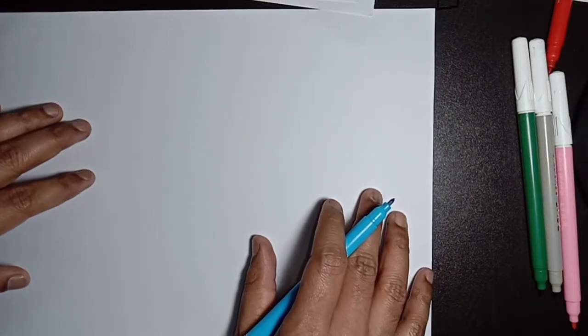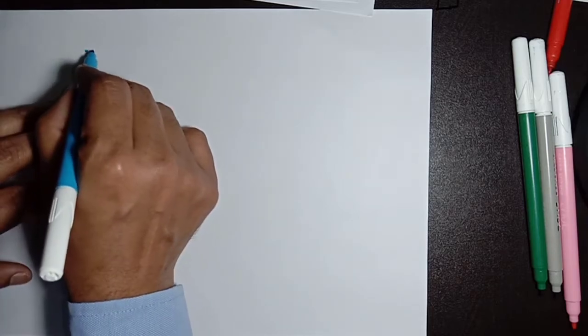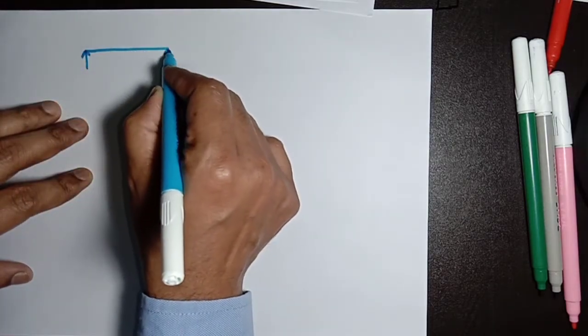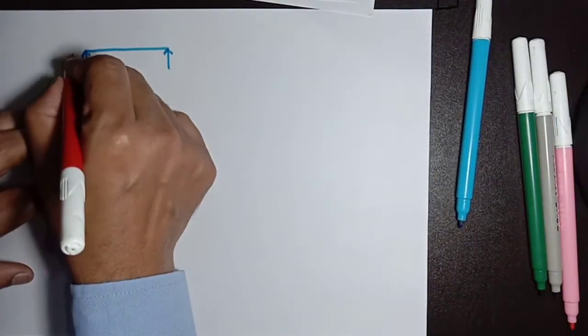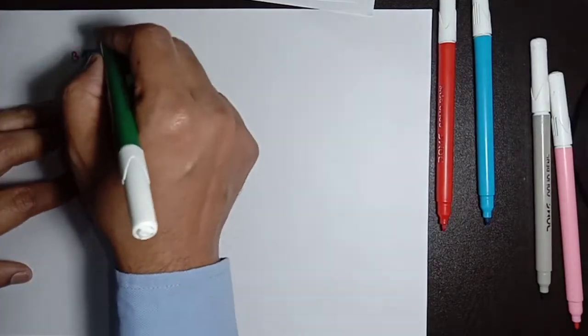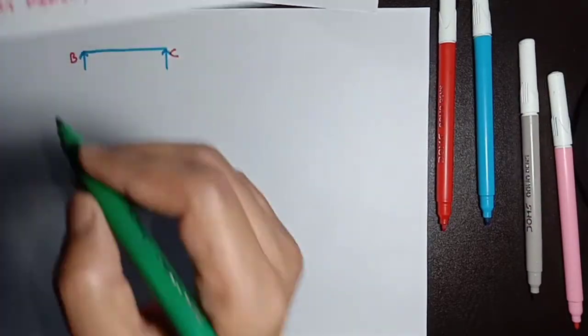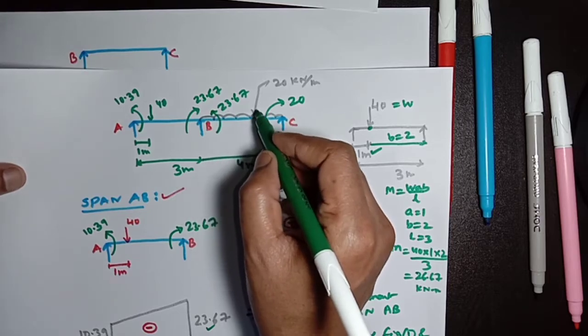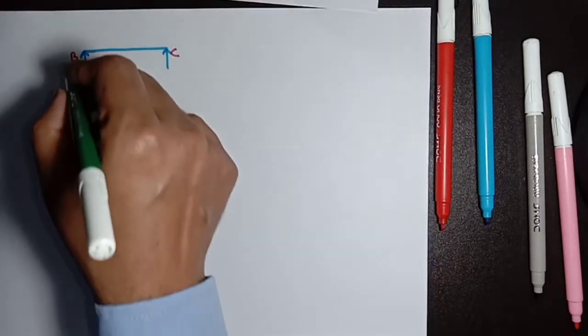You can see here span BC is a simply supported beam, this is B and this is C, and it is loaded with a UDL of 20 kilonewton per meter.